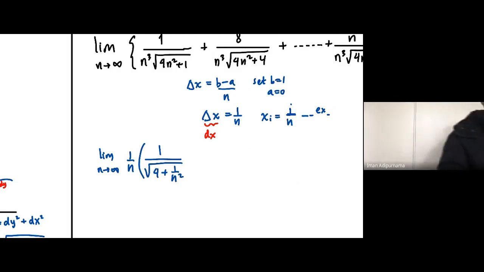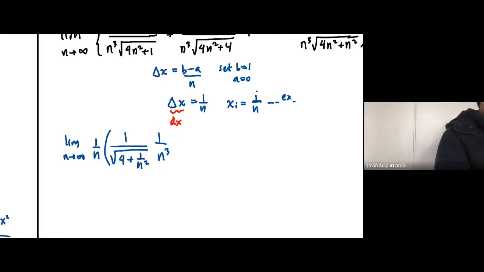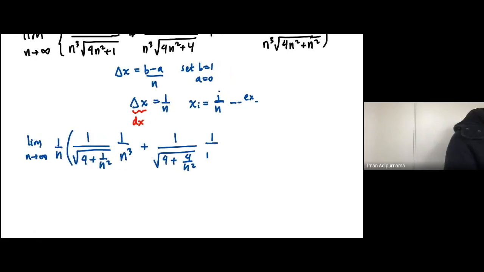Then I'm writing the 1 over n cubed. Okay. And this will be the same thing here. Okay. I will extract the 1 over n, and this will be 1 over 4 plus 4n squared. And it's still 1 over n cubed.